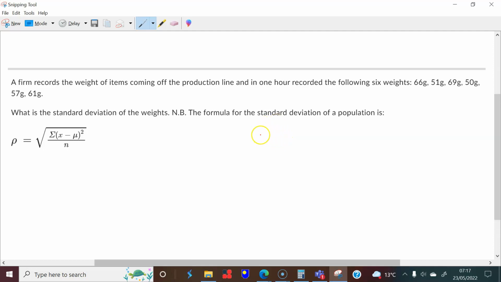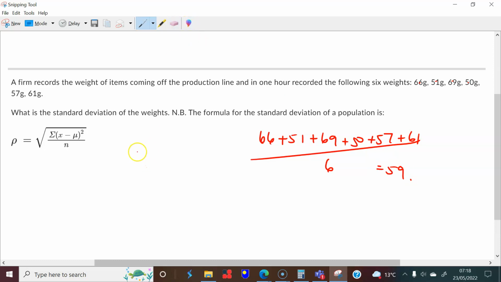So first of all, find the mean. 66 plus 51 plus 69 plus 50 plus 57 plus 61, divided by 6 items. That takes us to an average of 59.